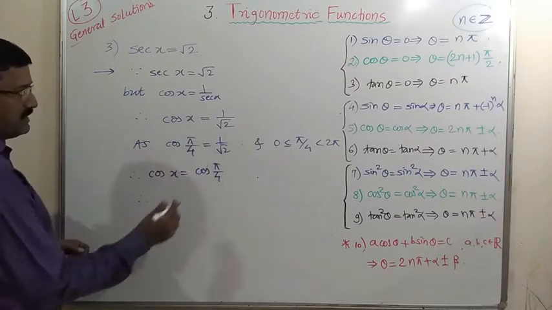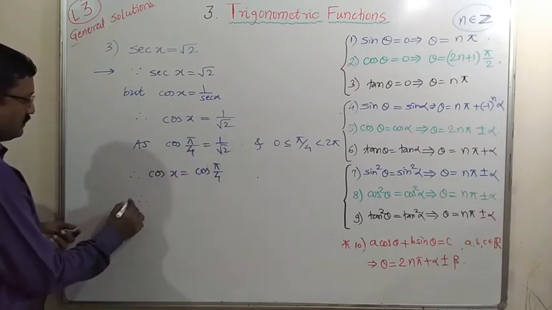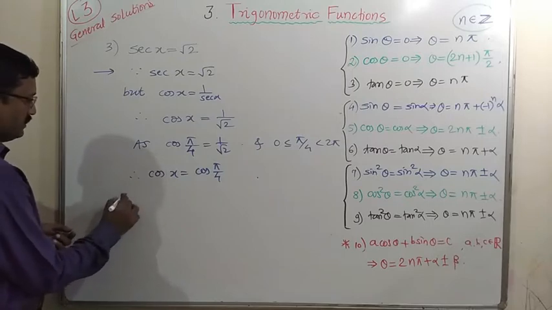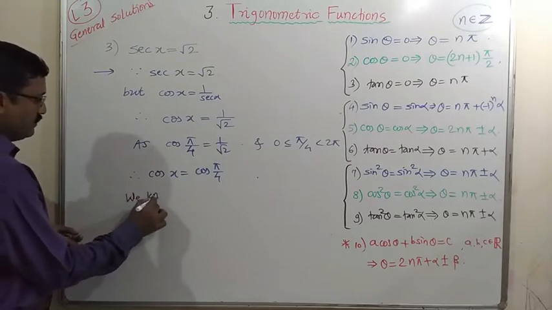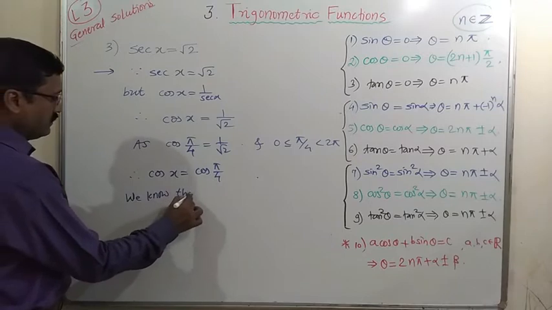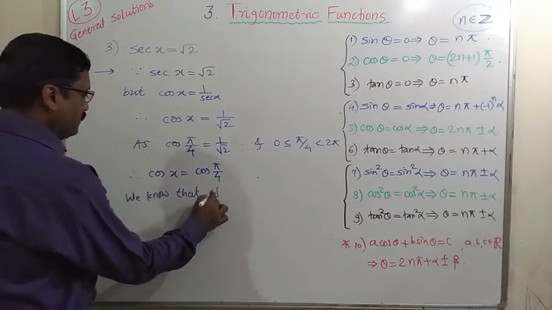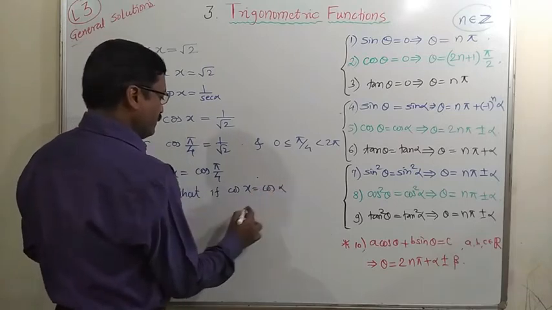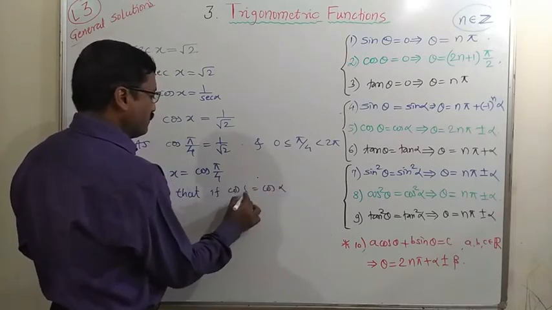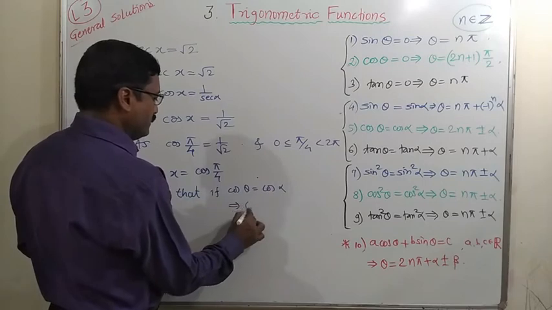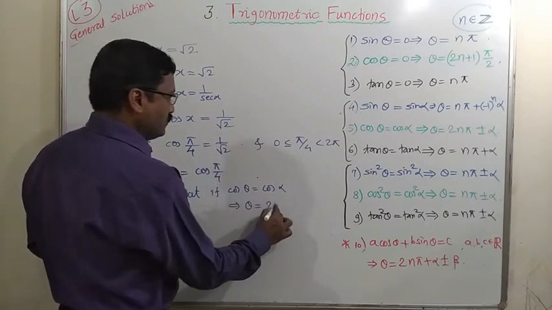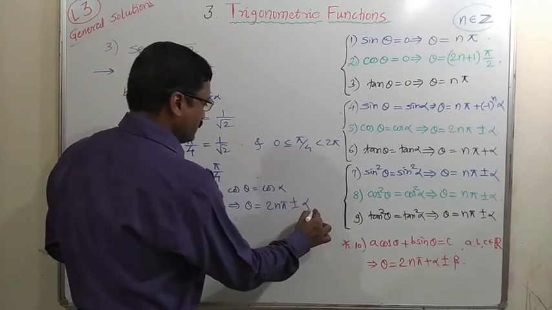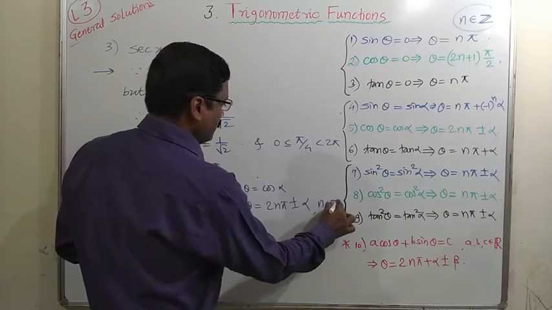Therefore using that result, we know that if cos theta equal to cos alpha, then theta is equal to 2n pi plus minus alpha, where n belongs to integers.